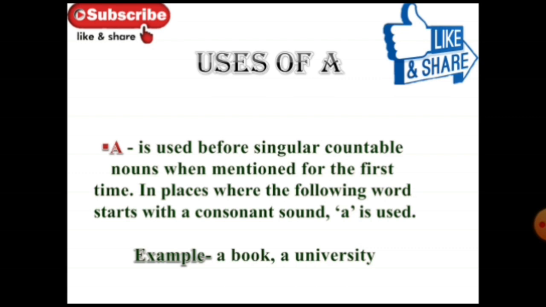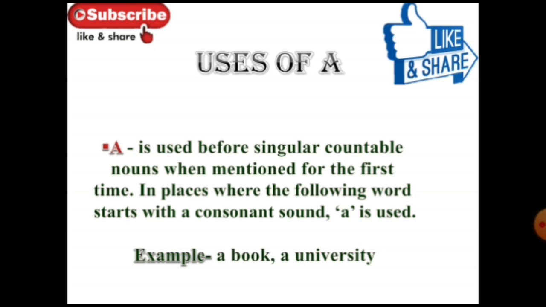Wherever you find a noun starting with a consonant sound, make sure the sound must be a consonant sound. No matter, at many places we use consonant letters but the sound is of a vowel, then we won't be using a over there.